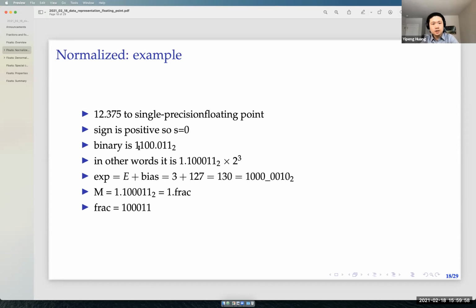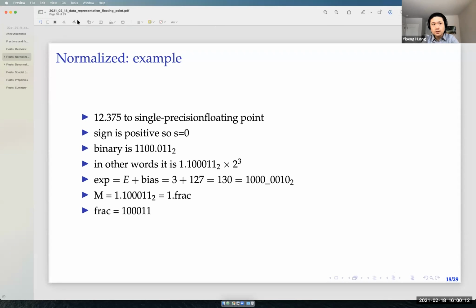The way we get that number is 12 is 8 plus 4, so that leads to the 1100. And 0.375 is 0.25 plus 0.125.